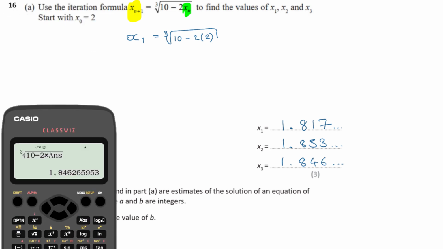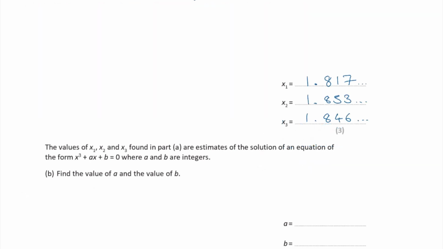Okay. Moving on to part B, the values of x1, x2 and x3 found in part A are estimates of the solution of an equation of the form x cubed plus ax plus b equals 0, where a and b are integers. Find the value of a and the value of b.